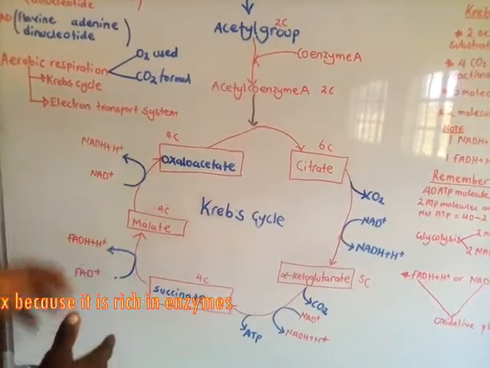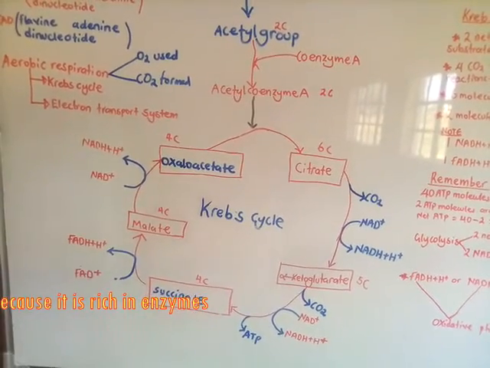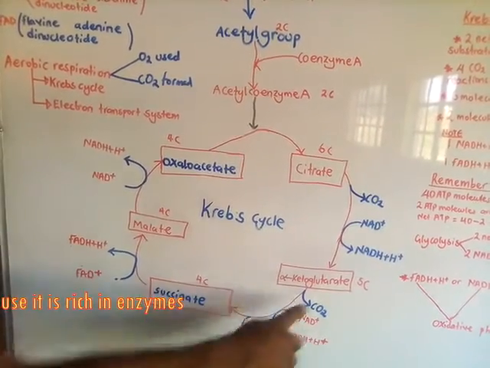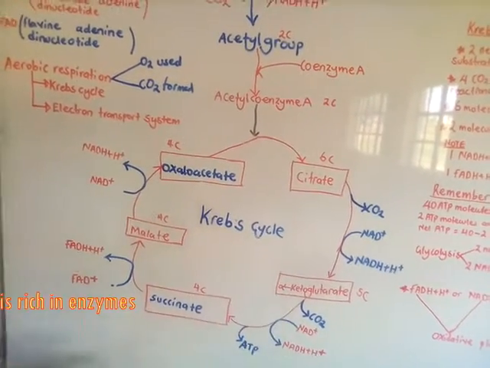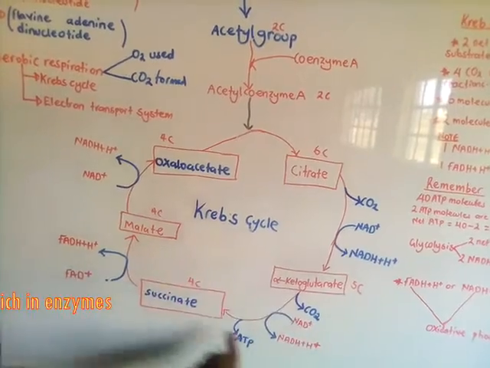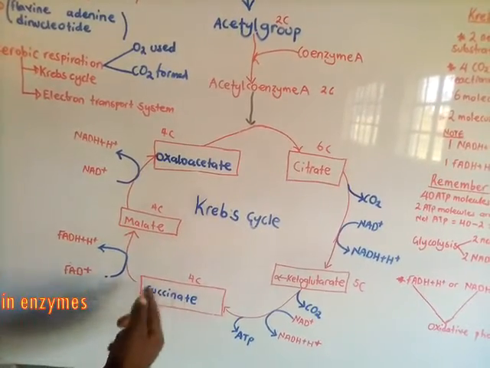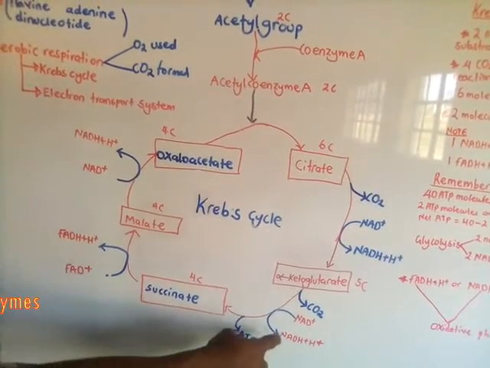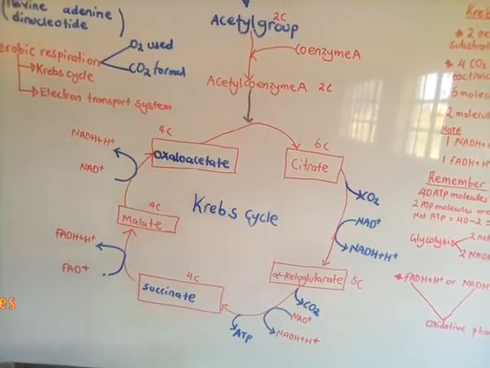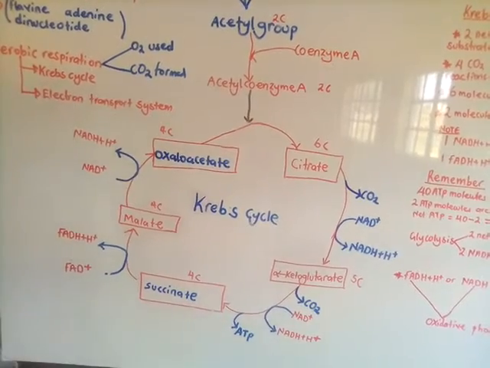We are going to focus mainly on 2 sugar intermediates. So from alpha-ketoglutarate, we shall have decarboxylation to reduce the number of carbons from it. So we are going to form succinate or succinic acid, which has 4 carbons. But before, we have also dehydrogenation, and the hydrogens are going to be taken by NAD.